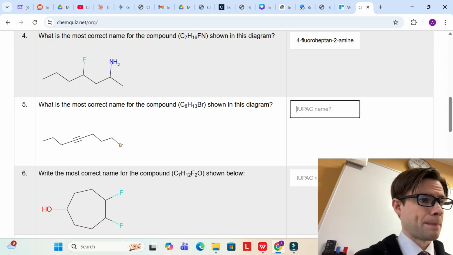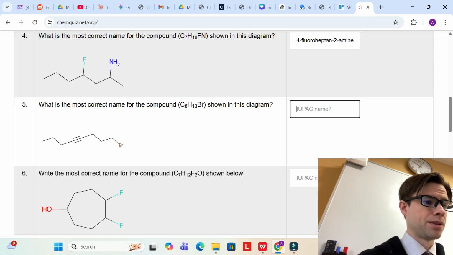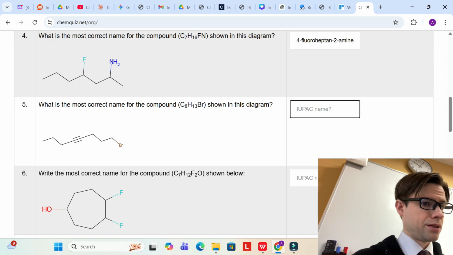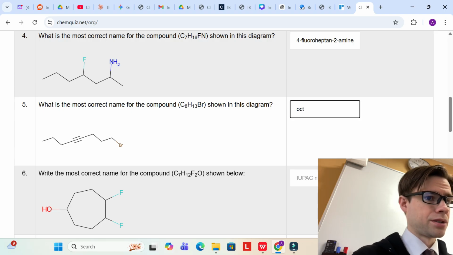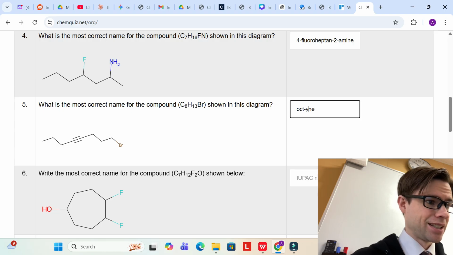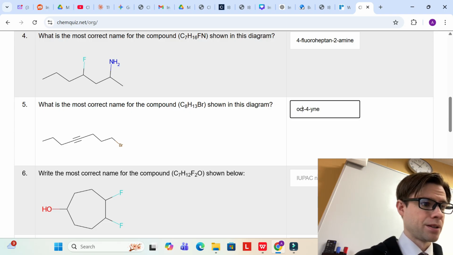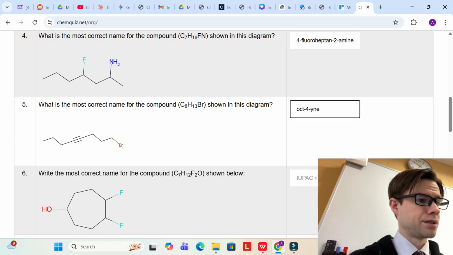So we'll do that. Counting from the right side, this will be oct-something-yne. So 1, 2, 3, 4, oct-4-yne for that alkyne functional group.